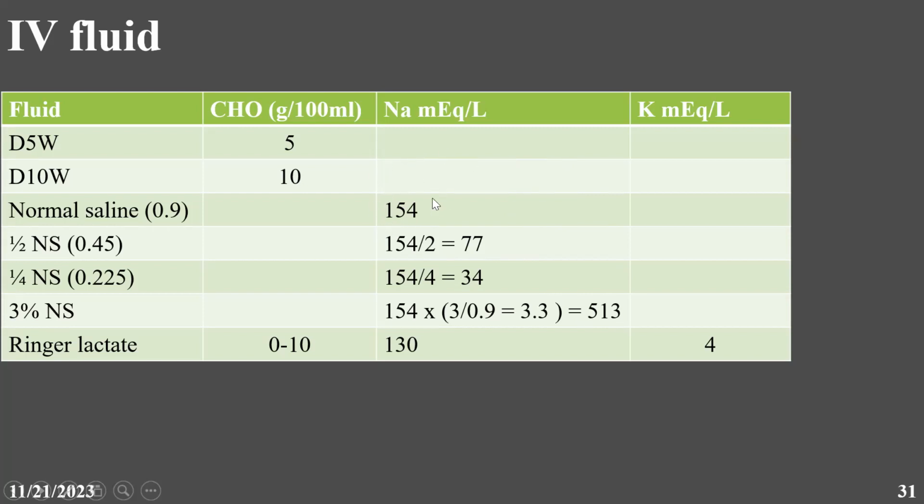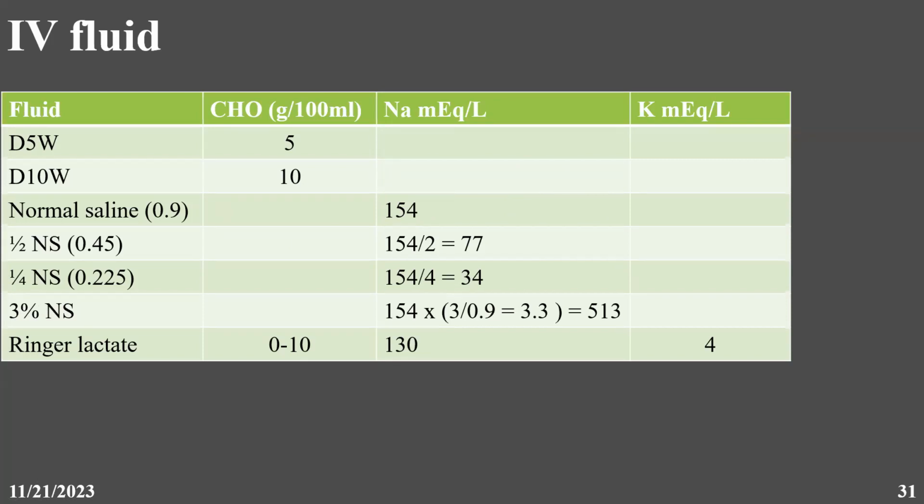However, if I want to give it from normal saline, it will have more water. So if I am fluid restricted, I will give this. But if I am not fluid restricted, I will give this. So how do I calculate? I need 6 millimole, right? So 6 divided by 0.154, you get 38, 0.9, 39 ml.